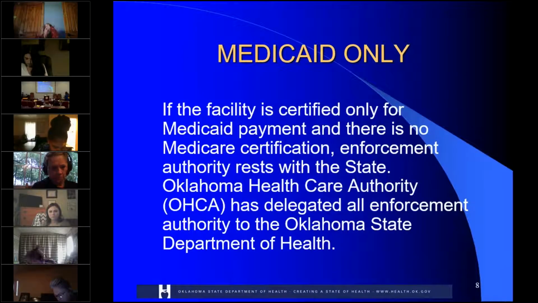Medicaid only. If the facility is certified only for Medicaid payment and there's no Medicare certification, enforcement authority rests within the state. Oklahoma Healthcare Authority has delegated all enforcement authority to the Oklahoma State Department of Health. So we take care of enforcement.